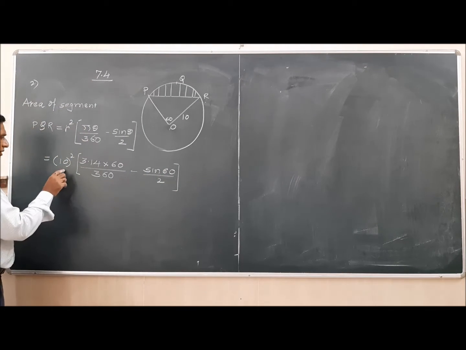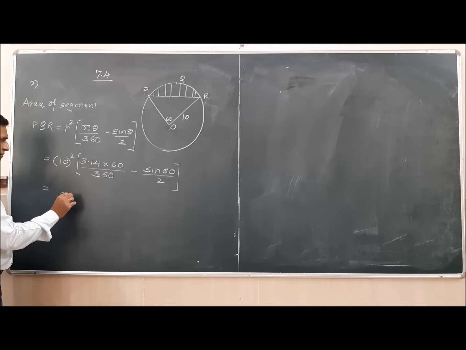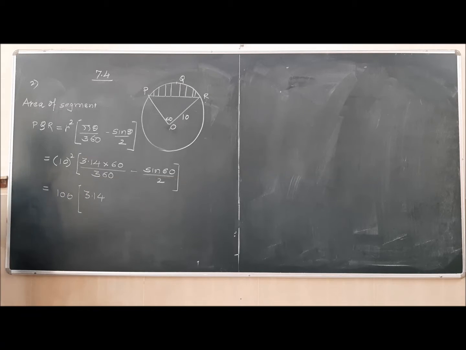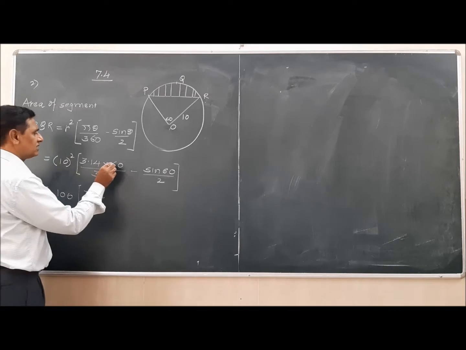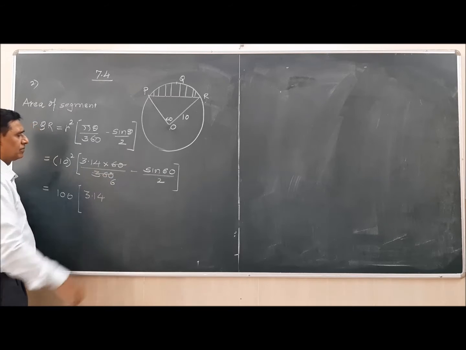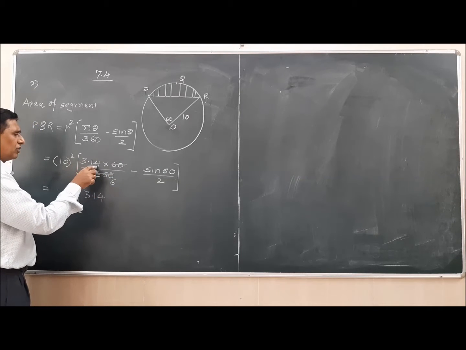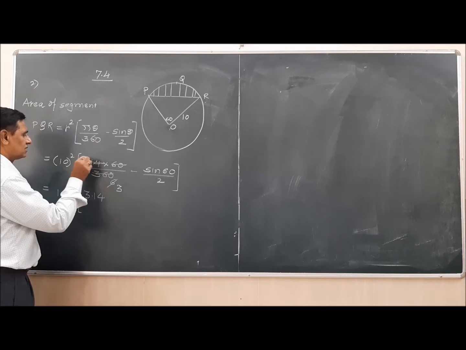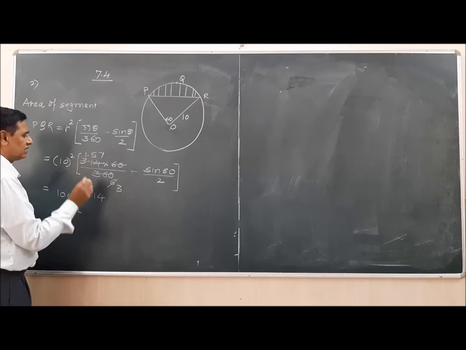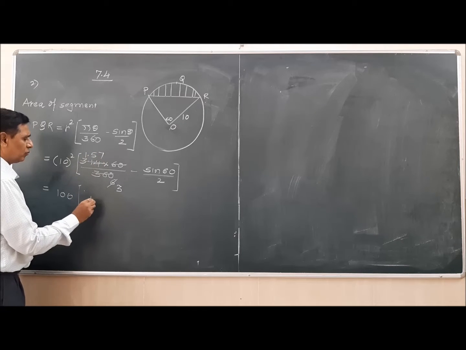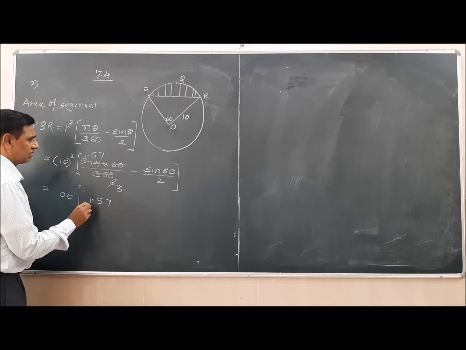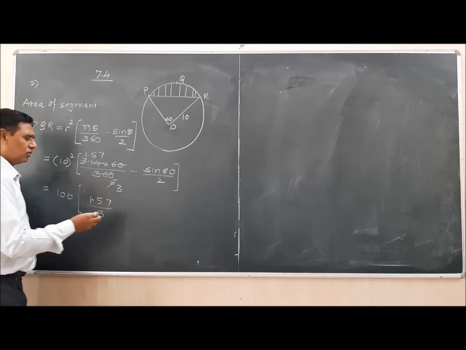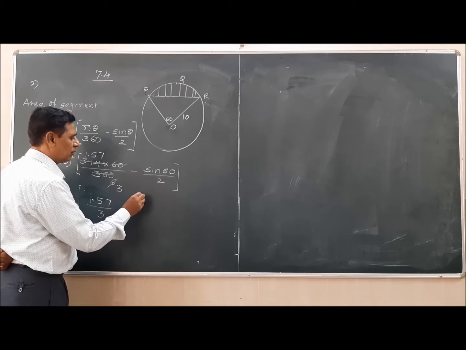That is equal to 10 square is 100. 3.14 also as it is. 6 6s are 36, so naturally you will get 6 over here. Then if I divide 3.14 as well as 6 by 2, 2 3s are 6, 1.57. So I will get over here 1.57 upon 3. Sin 60, as you all know, value of sin 60 is root 3 upon 2.